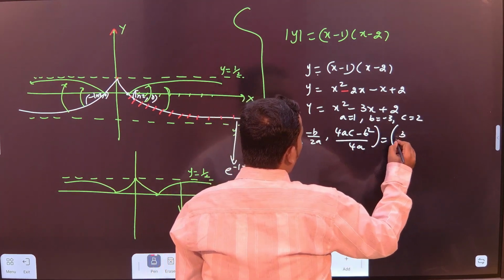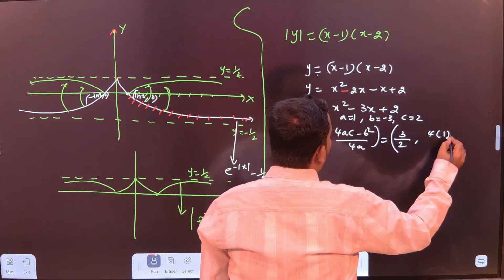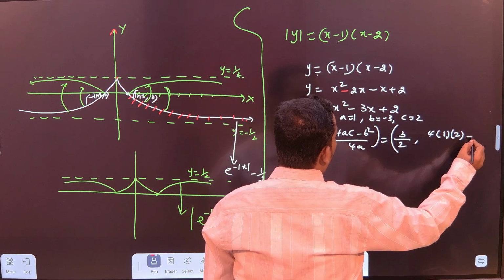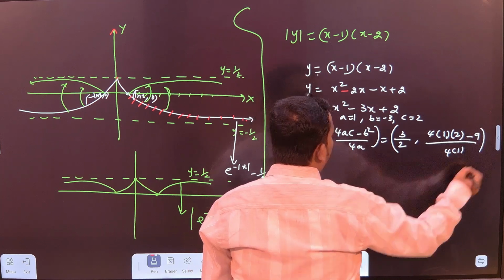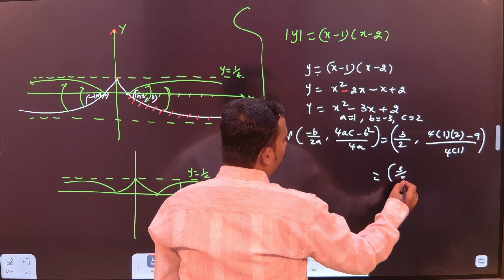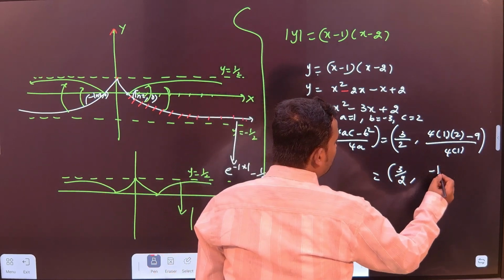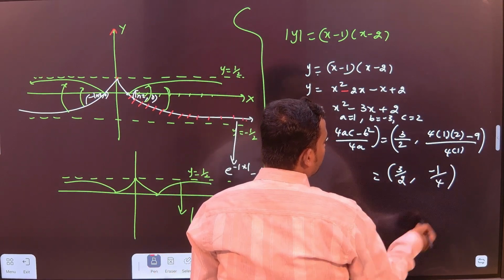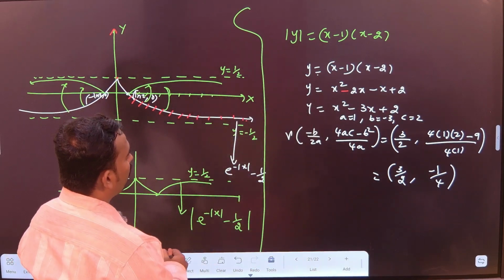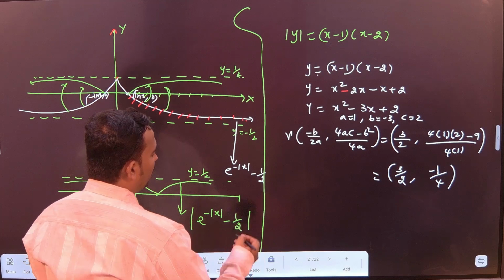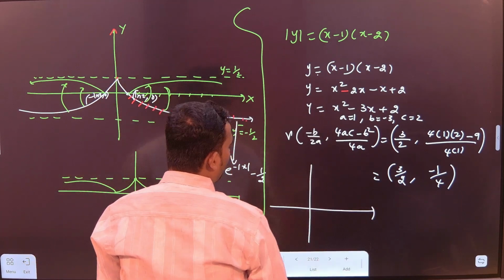So that is plus 3 by 2, and 4 into 1 into 2 minus b square, which is 9, divided by 4 into 1. So 3 by 2 comma 8 minus 9, which is minus 1 by 4, right? 3 by 2 comma minus 1 by 4. We already got this one, right?